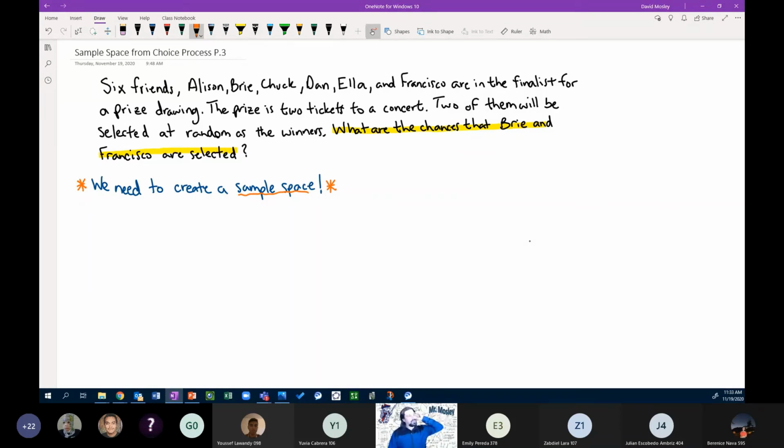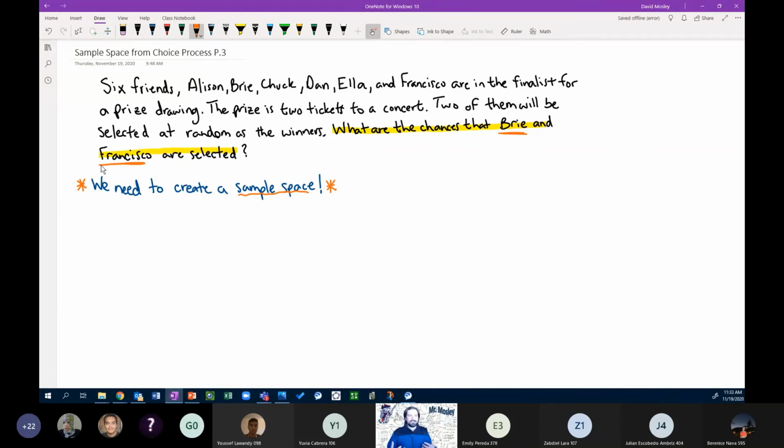Our context here, we have 6 friends, Allison, Bree, Ella, and Francisco, and they are the finalists for a prize drawing. The prize is 2 tickets to a concert. 2 of them will be selected at random as the winners. What are the chances that Bree and Francisco are selected?